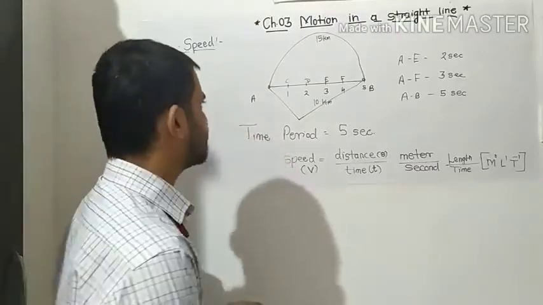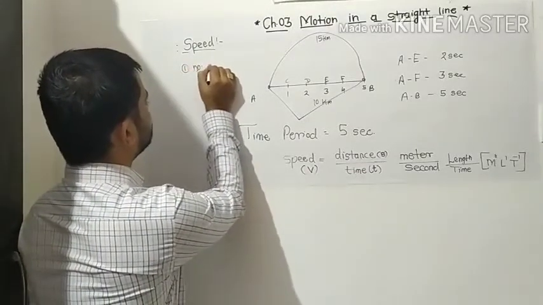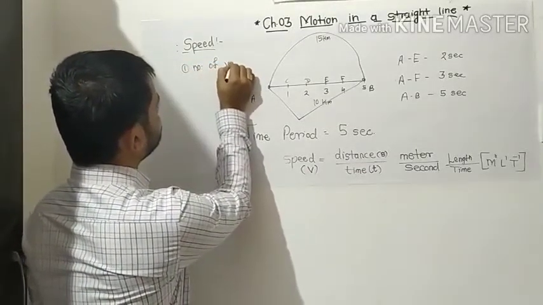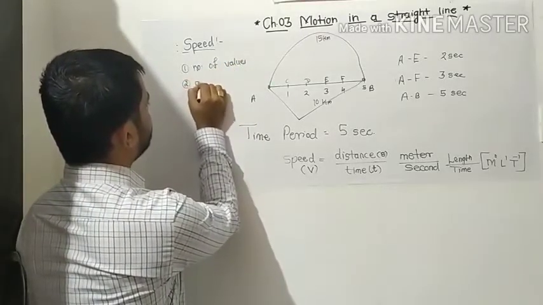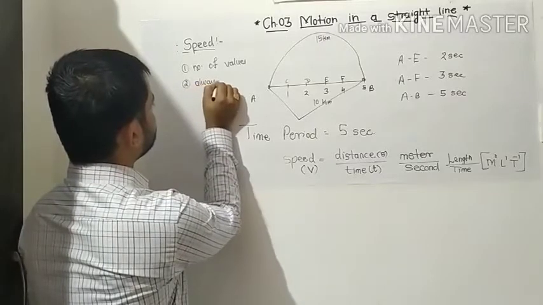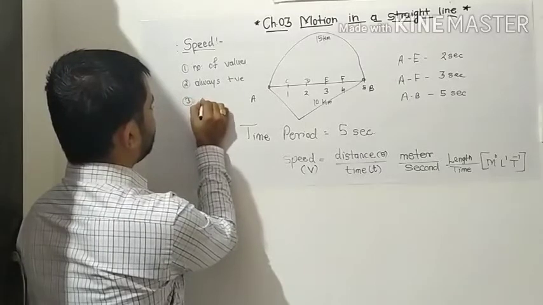So which are the specifications? The first one is that it can have a number of values. The second is that it is always positive. The third is that it is a scalar quantity.